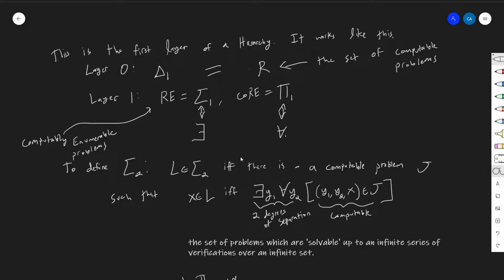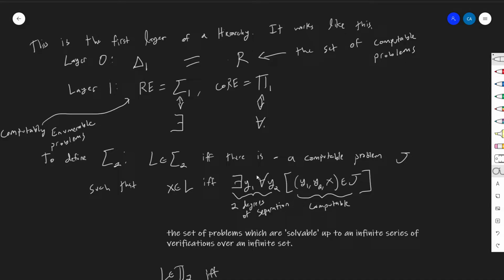So, and then we defined sigma 2. We said that a language, remember we were calling those things languages, problems, they're the same now, is in sigma 2 if there's a computable problem J such that you're in the language if and only if, and then you could put two quantifiers here, right?